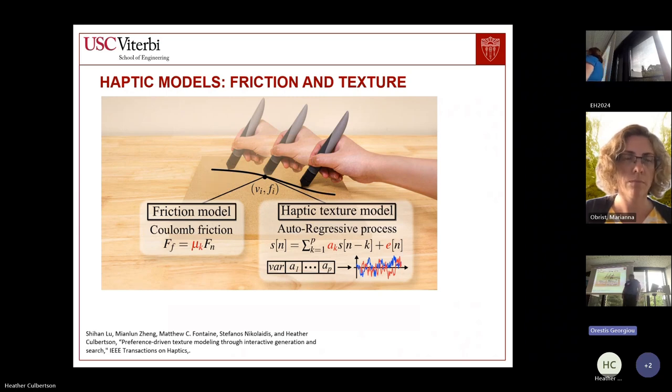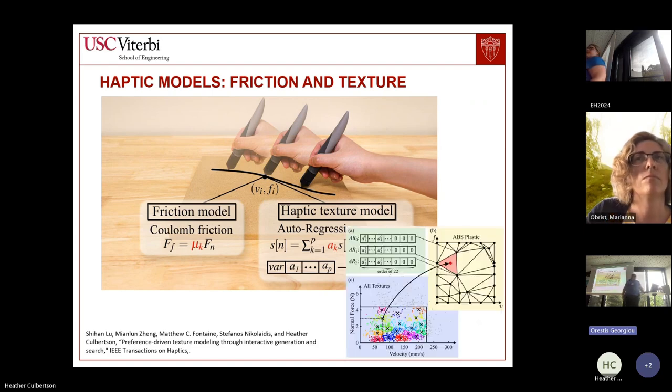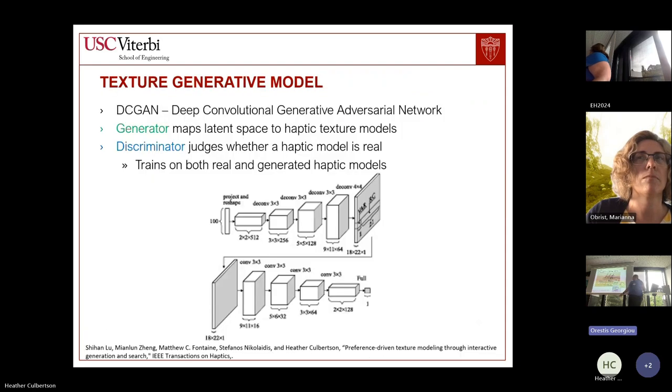So the way we do this is we start with the Haptic Texture Toolkit. We start with the 100 textures, and we start with the autoregressive and the friction models within the texture toolkit, and then we are going to train a deep convolutional generative adversarial network, a DCGAN, so that we can first map the latent space to the textures.